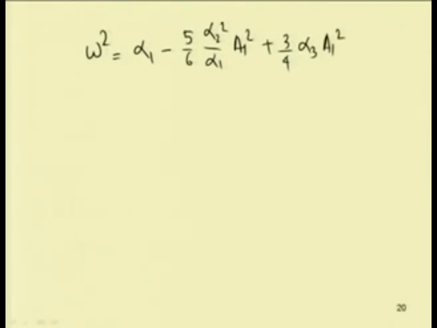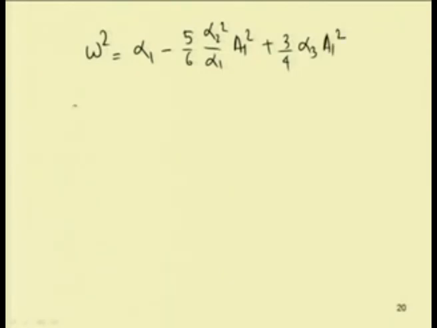So, one can write this omega square equal to alpha 1 minus 5 by 6 alpha 2 square by alpha 1 a 1 square plus 3 by 4 alpha 3 a 1 square.